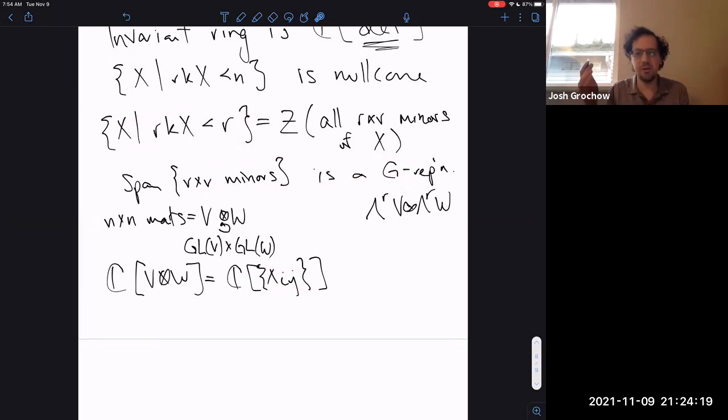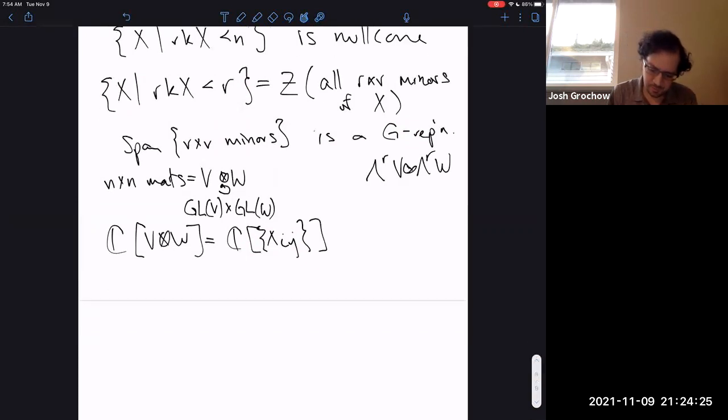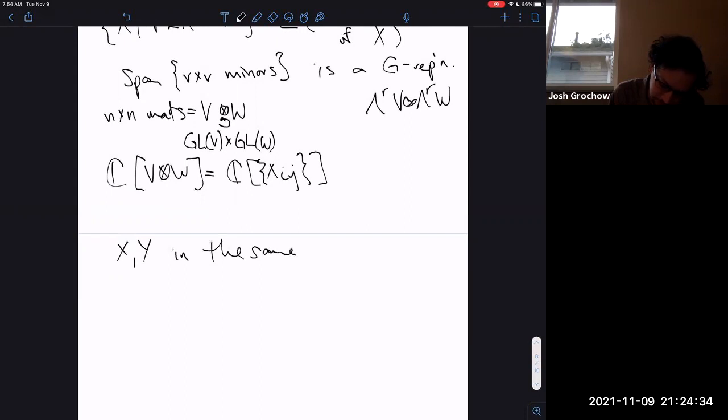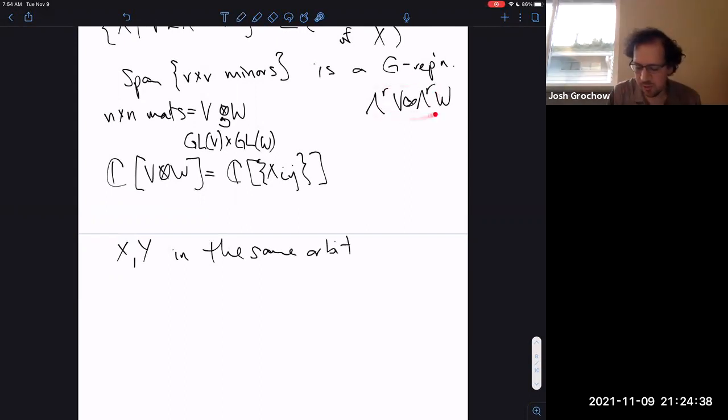And I can use their vanishing or non-vanishing to distinguish orbits. Right? So X, Y are in the same orbit. And here, note, just from the notation, hopefully the notation makes clear, when I change this index, that's changing the isomorphism type of this representation.